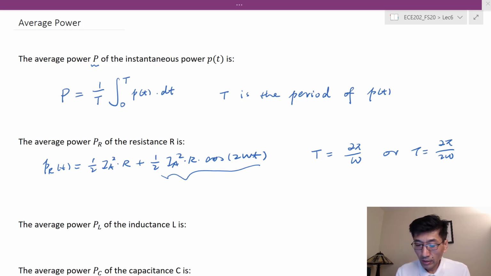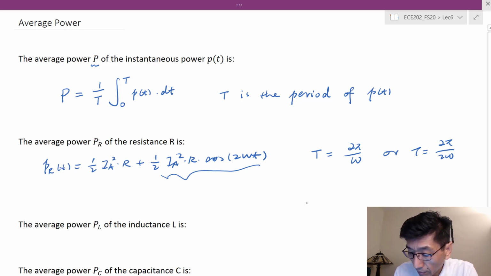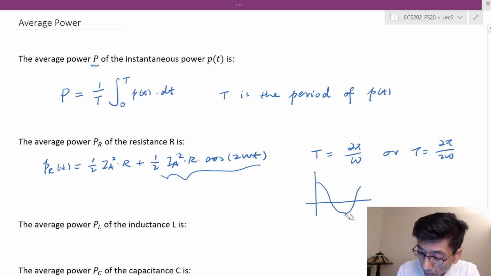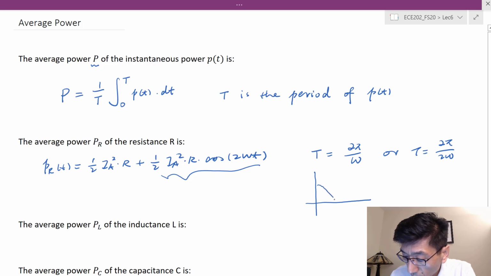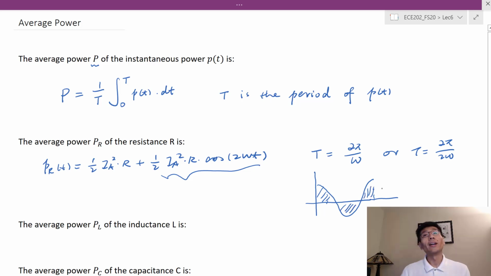Therefore, either way, I don't really need to do the actual integration, because if you have a cosine signal and integrate over one cycle or two cycles, the area underneath always adds up to 0, although my drawing is not perfect. So the second term integrates to 0.